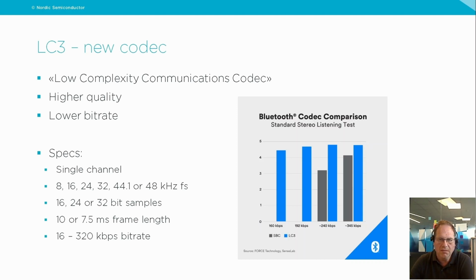It can run on multiple sampling frequencies, on several different bit depths, and 2 different frame lengths, and it can encode to a quite large range of bit rates. The figure shows the subjective score of the LC3 codec, and as can be seen, it gives high scores even at low bit rates.